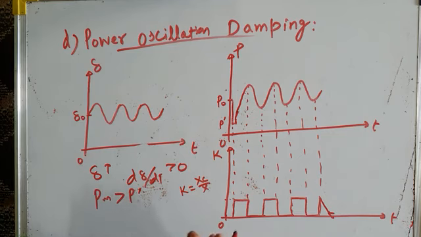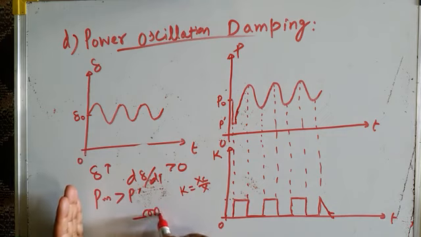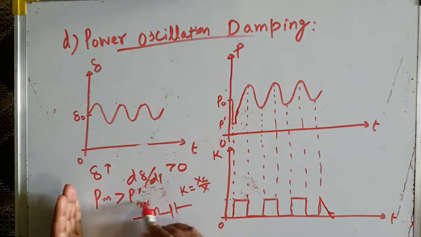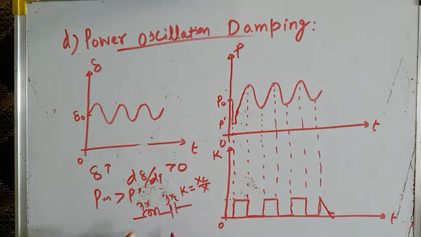When the line is compensated, when XC gets connected, this was X, the transmission line reactance. Now when XC gets connected in series with X, this is jX, this is jXC, the overall reactance of the transmission line reduces. So the line impedance reduces, because what is line impedance? Without compensation, line impedance is jX.